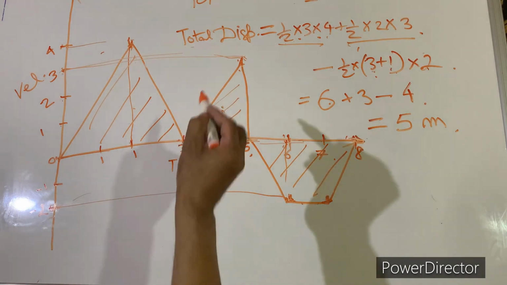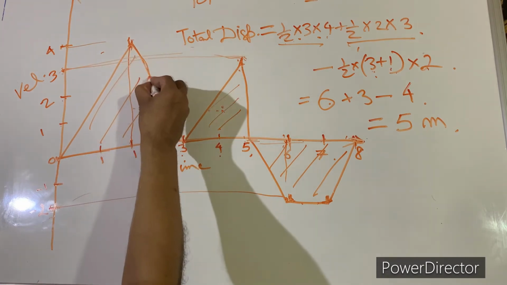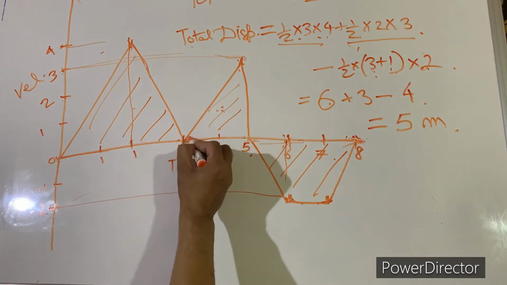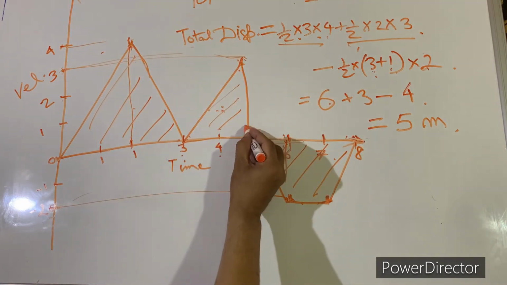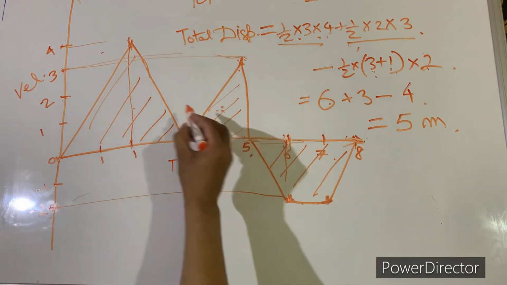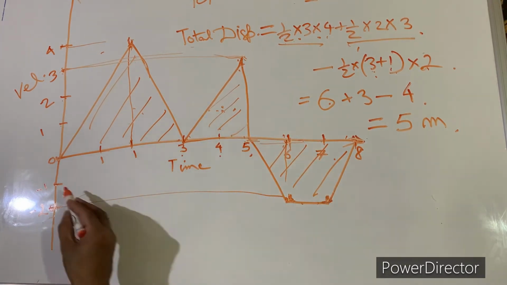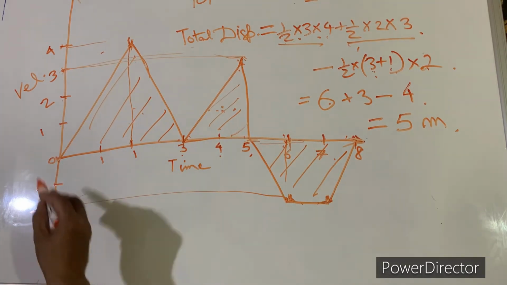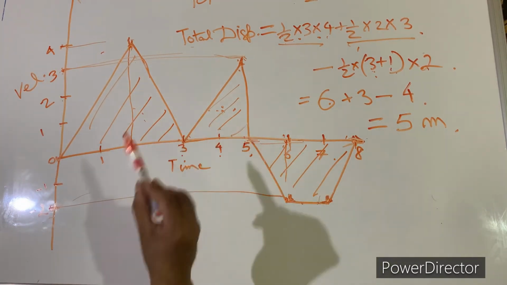But in case of displacement, you remember, it will be the sum of the areas of these two triangles in the positive territory, that means on the positive side of the y-axis, and hence this will be the sum of this plus this, and since this is in the negative territory, negative area of the velocity or the y-axis, this will be subtracted from the sum of the two.